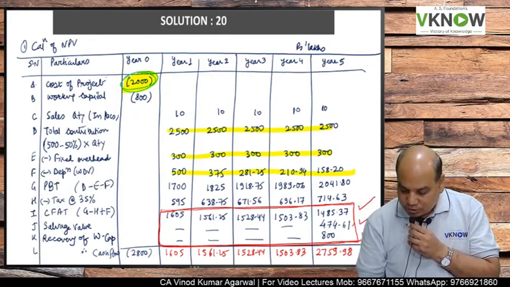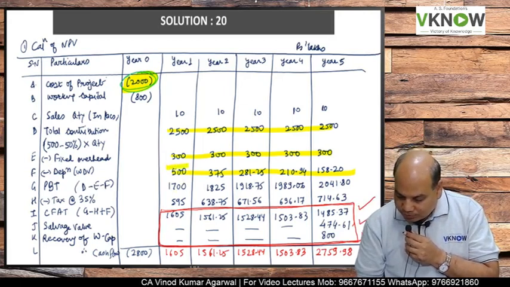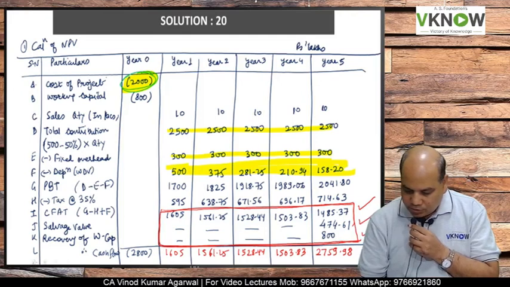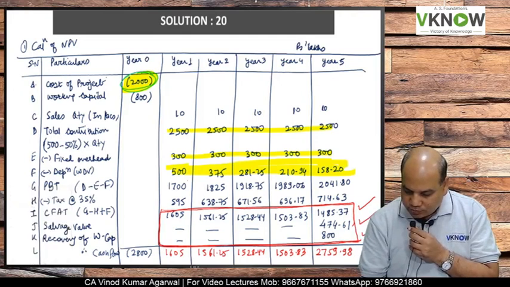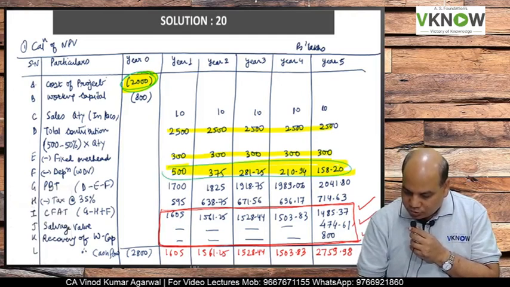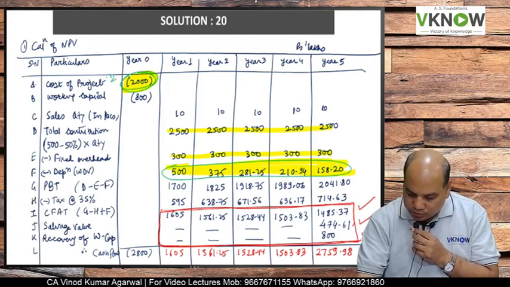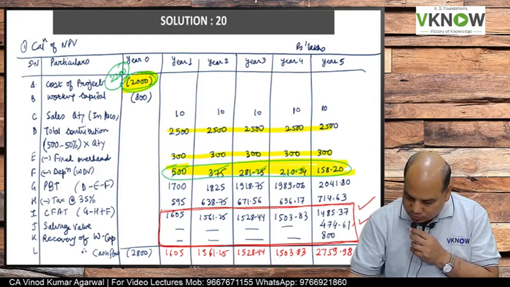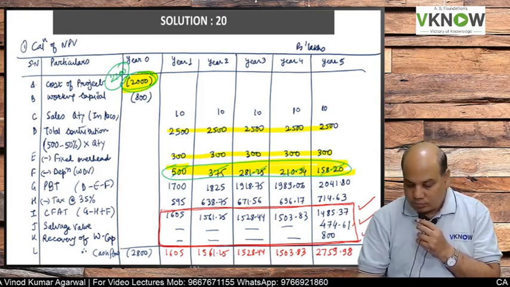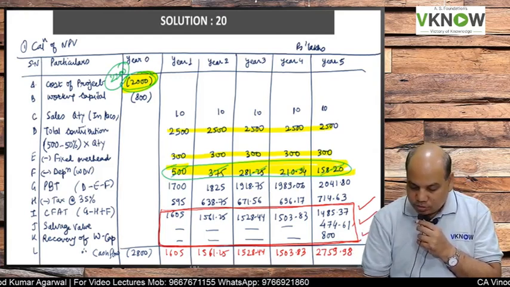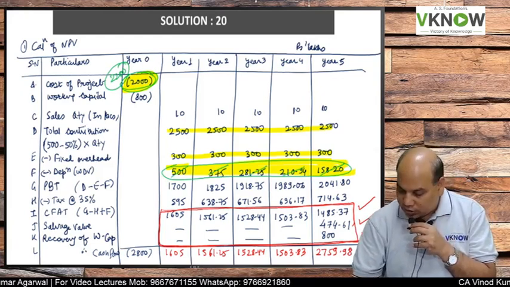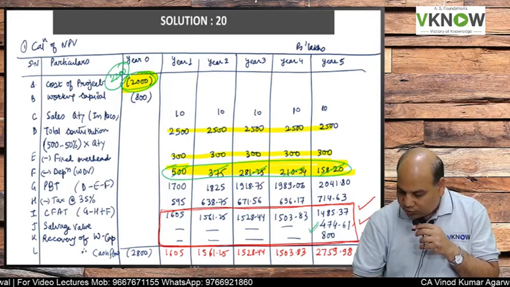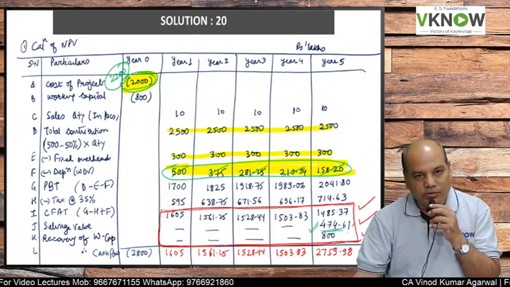Yes, sir. Then here this depreciation will get affected. So all depreciation will be, instead of based on 2000, it will be based on 2200. So these figures will change. Okay, and accordingly your subsequent answers will change. And in the last year they have not mentioned about salvage value, so we'll take same salvage value.